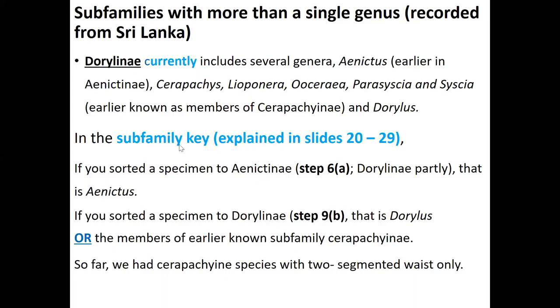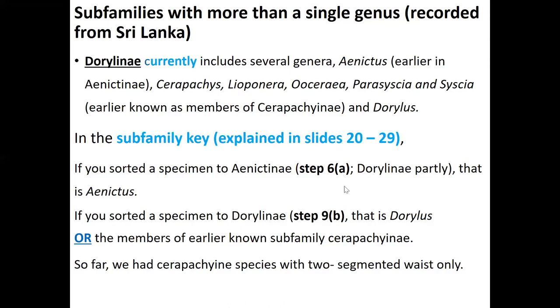So I'm going to explain a subfamily key in slides 20 to 29. In this presentation, from slides 20 to 29, I'm going to explain a subfamily key. Using that subfamily key, if you have sorted the specimen to Aenictinae, that is step 6A, Dorylinae partly.